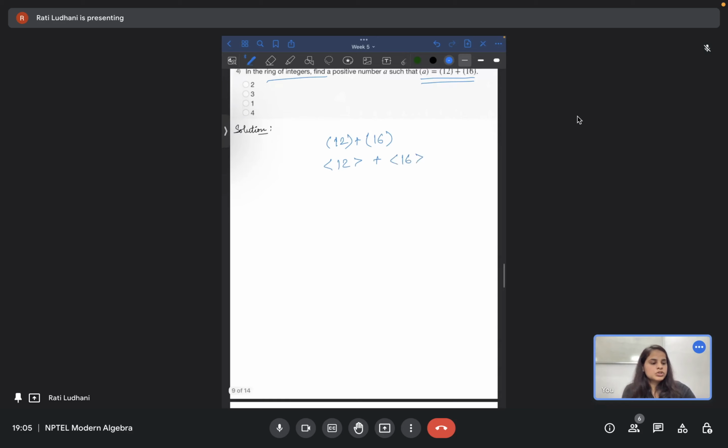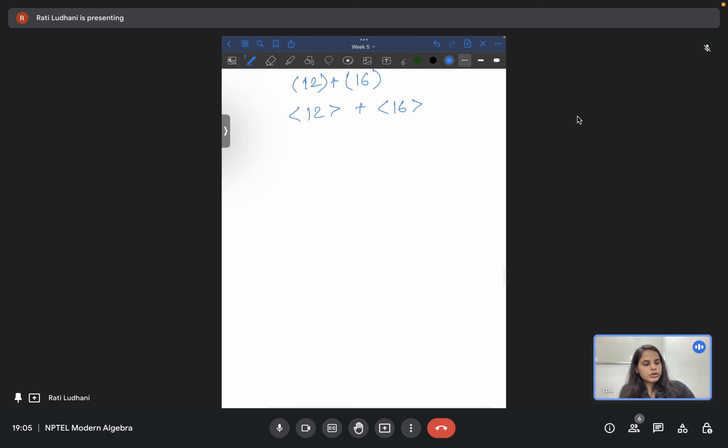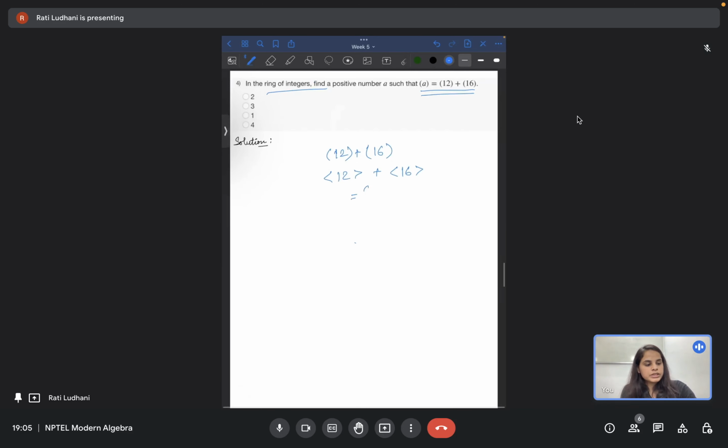What is the definition of the sum of ideals? You just take 12 into A1 plus 16 into A2, where A1 and A2 belong to Z. This is the definition of the sum of ideals.